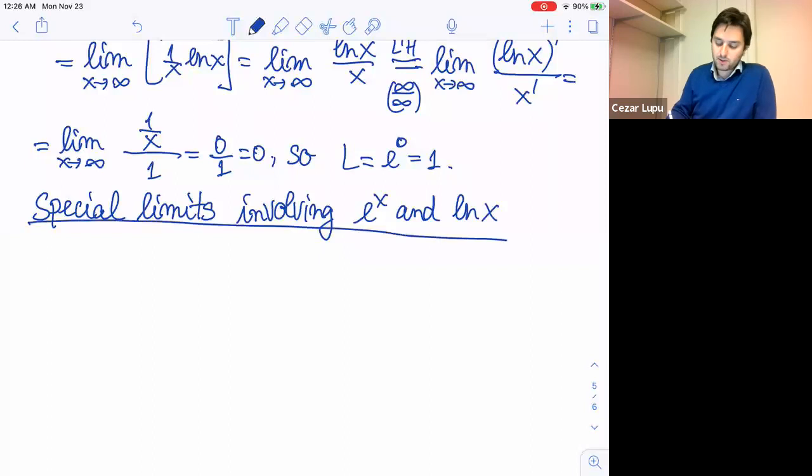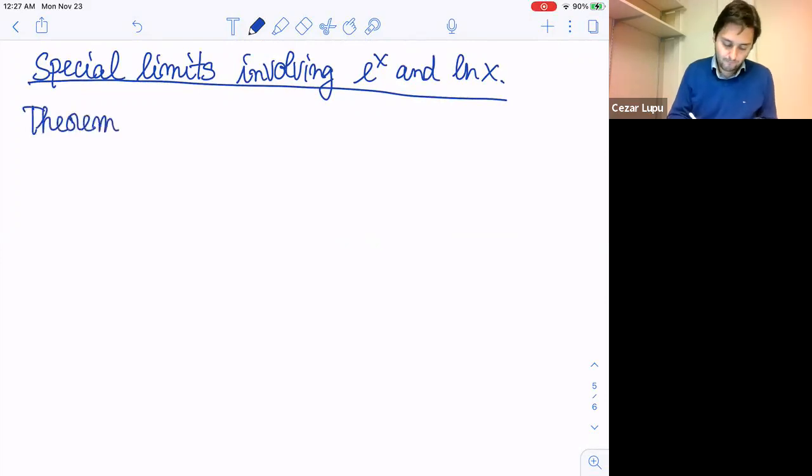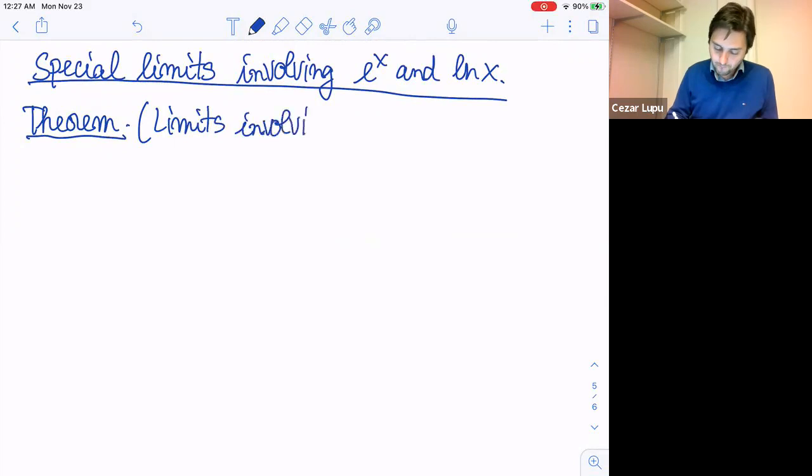I'd like to mention this, and you can actually prove this by just doing the L'Hopital rule repeatedly. So we have the following theorem, a very important theorem, which will concern limits involving exponentials and logarithms.